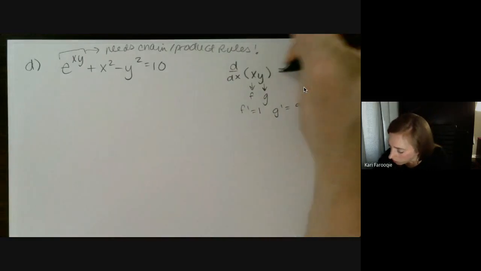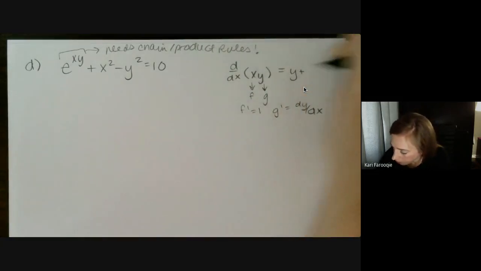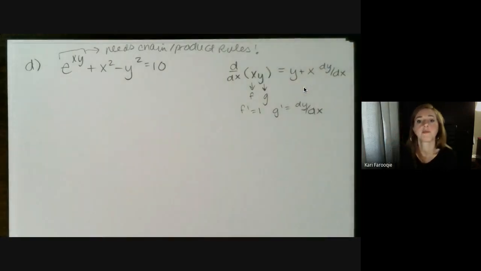And your derivative then will be f prime g plus f g prime.